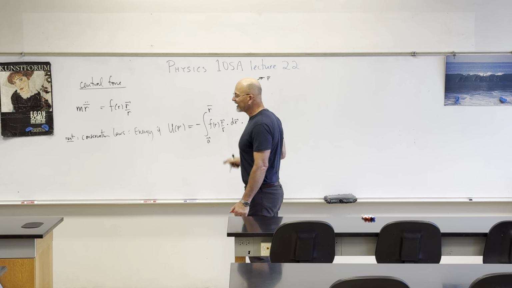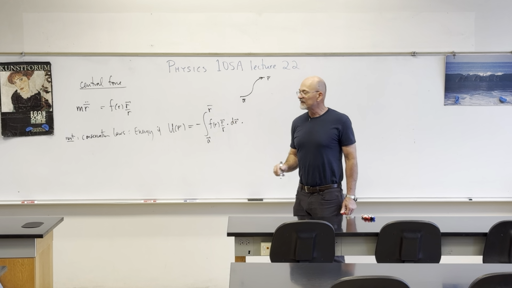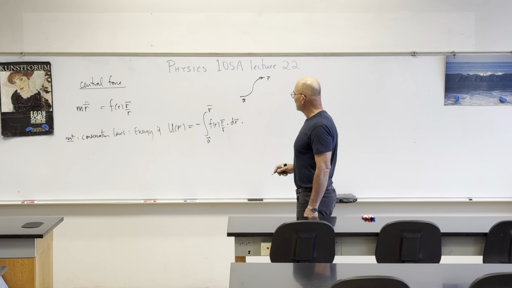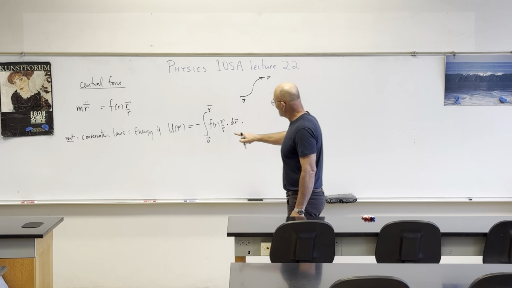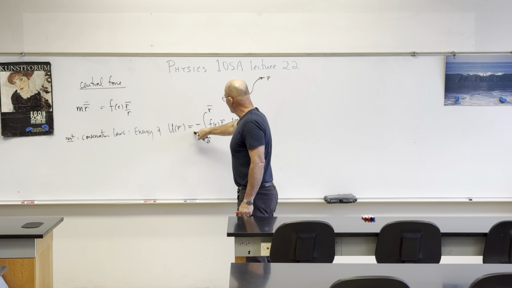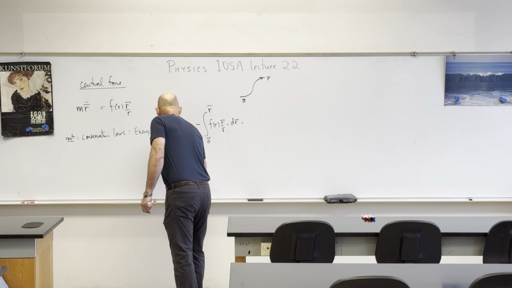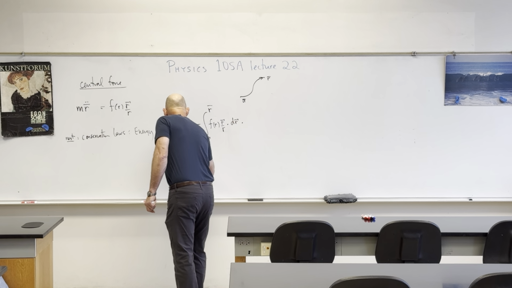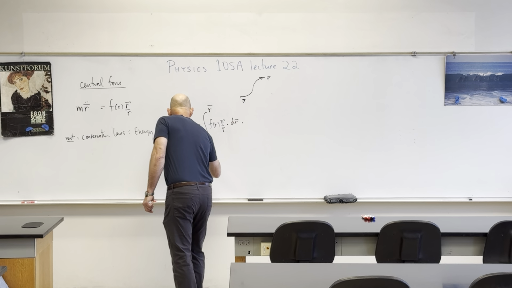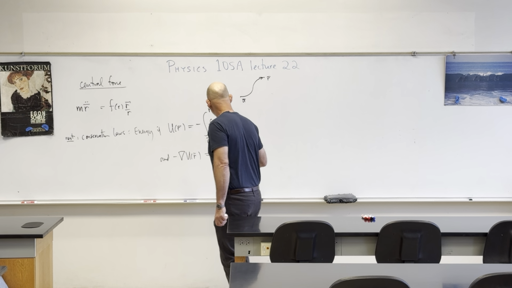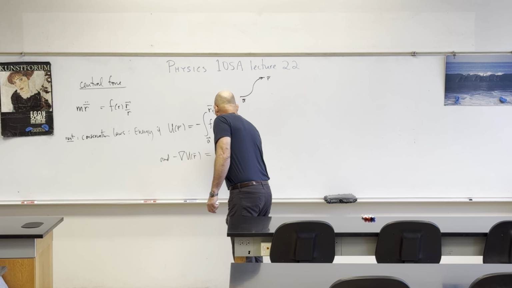So we'll prove that later, right? That's a proof that we'll put, say, either on the homework or in a later discussion. So this defines energy, and negative gradient of U of r is equal to F of r.